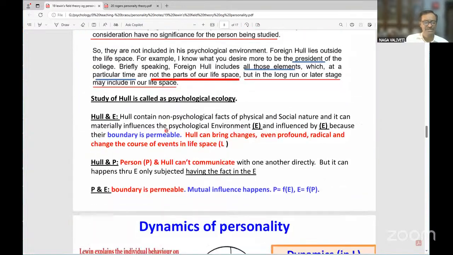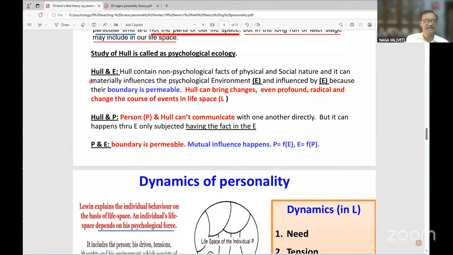While writing, please take care of these important things. So hull and E, the boundary is permeable. There is big communication. So hull is the one which influences your needs. Even the hull, the external social and physical environment, can bring radical or slow or profound changes in our life space. That is E plus P.